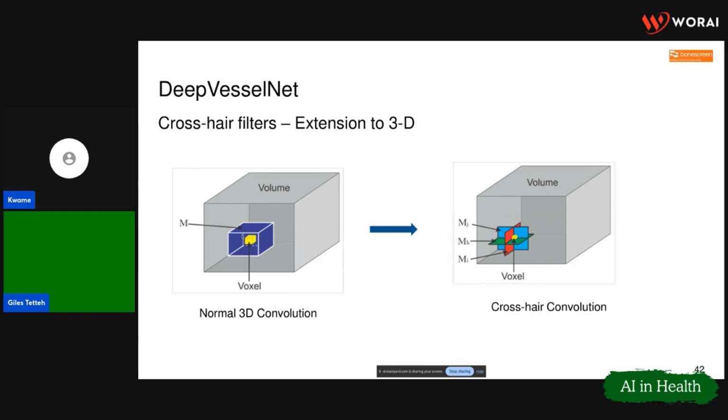Normally you would do a 3D convolution, which is a bit expensive in terms of memory and computation. But we can get the same information with a crosshair filter, where instead of doing a full 3D, we get information along the diagonals of the region. And this hopefully would give you the same information as you would get in a full 3D.